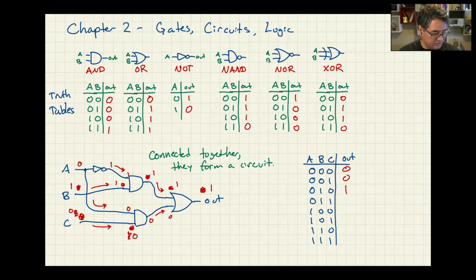Okay, we have one person who said the remaining rows are 1, 0, 0, 0, 1. Let me see. So you got 1, 0, 0, 0, 1. It doesn't match up with my notes, but I could be wrong.